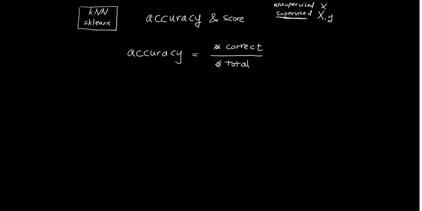Say, for example, in your final exam, if you got 10 questions and you got 5 problems correct, then you got a 50% accuracy. That's the idea. This is a very simple arithmetic, and sklearn has some functions to help you do this, or you can just write the code yourself.